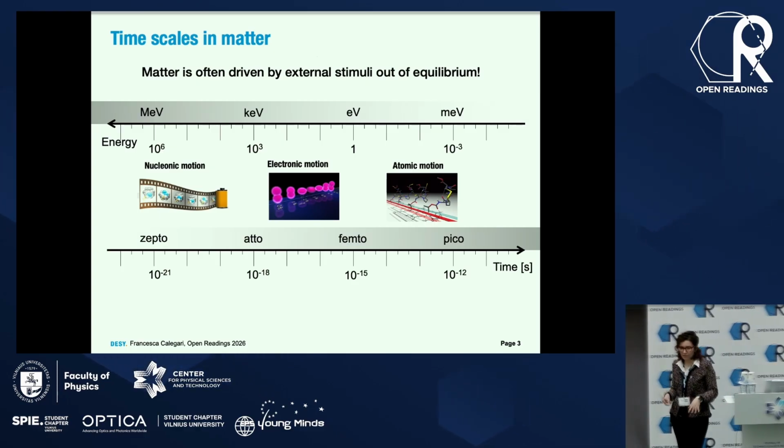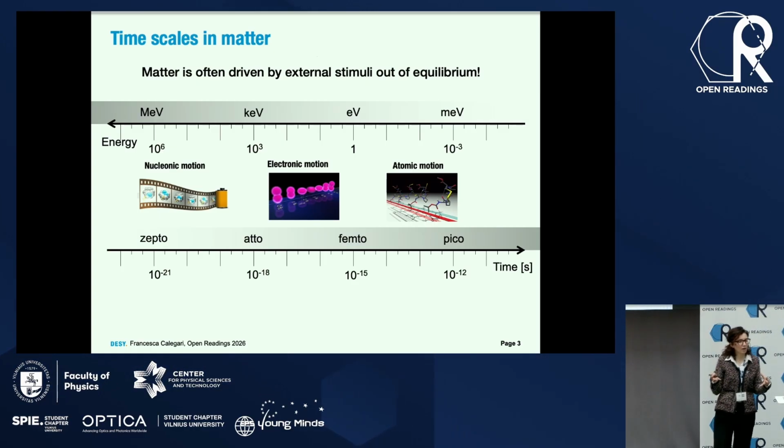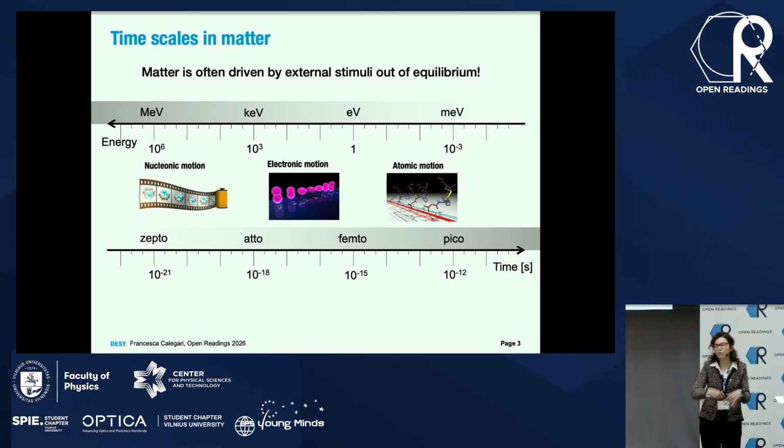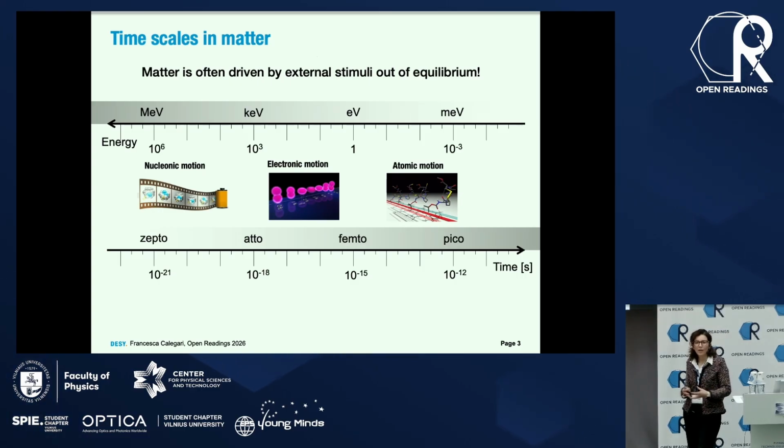So let me start from, first of all, the very basic principle of ultrafast science. So why are we interested at all in producing very short light pulses? Of course, there are many, many reasons, but I would focus on the dynamics of matter. Most of the matter, as you studied it during your studies, is exposed to external stimuli.